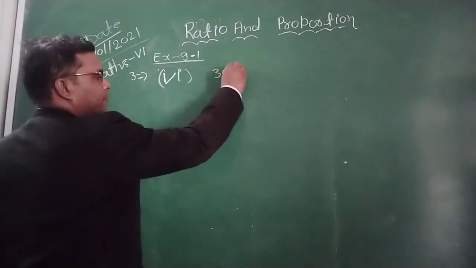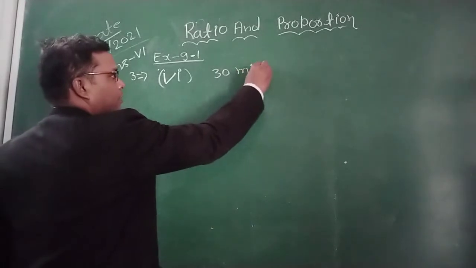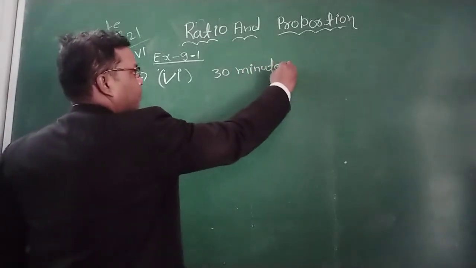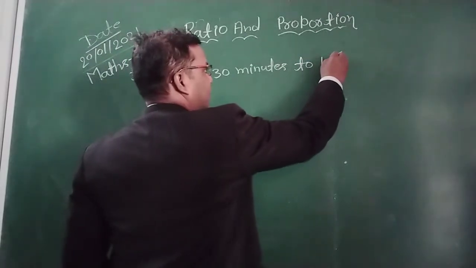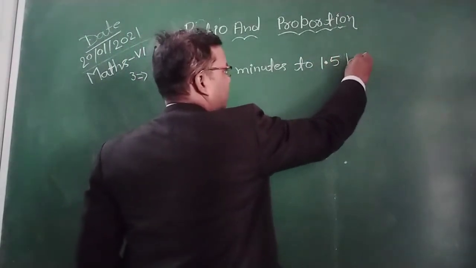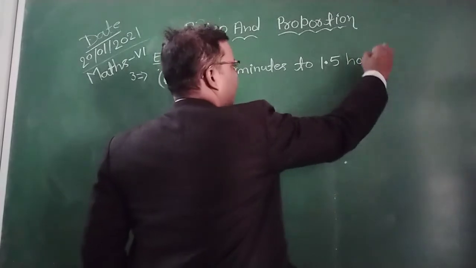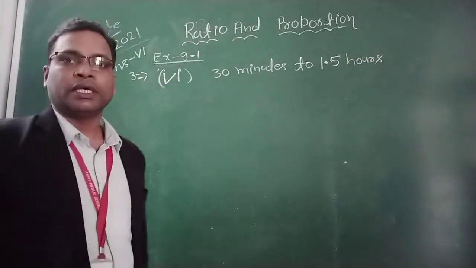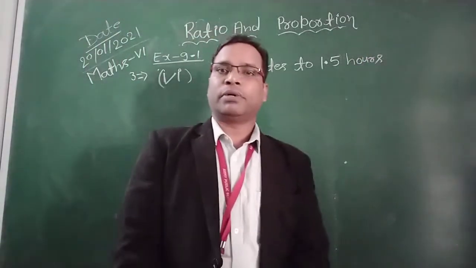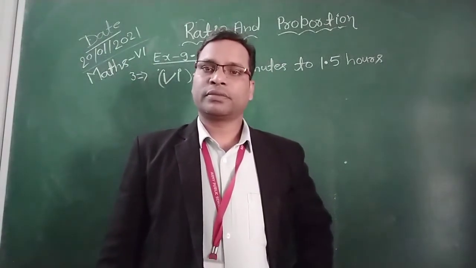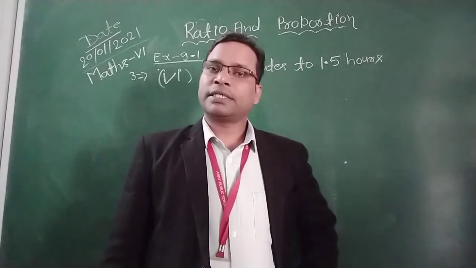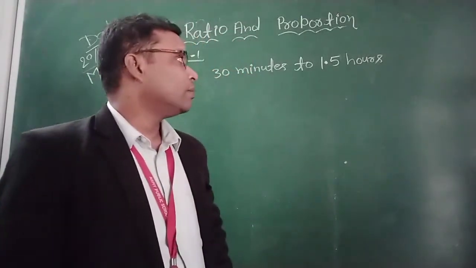30 minutes to 1.5 hours. We need to find the ratio of this 30 minutes to 1.5 hours. Students, you know very well, 1 hour is equal to how many minutes? Obviously we can say 60 minutes, but we have 1.5 hours.